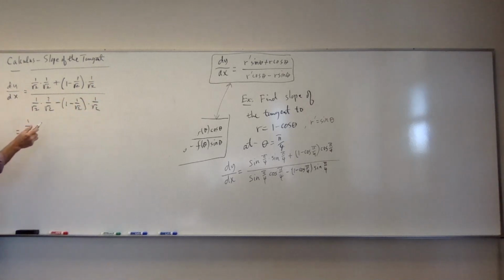Now we just have some arithmetic to do. Plus 1 over the square root of 2 minus a half, I believe, is the numerator. Check and see if I'm right. And then a half minus 1 over the square root of 2, distribute.